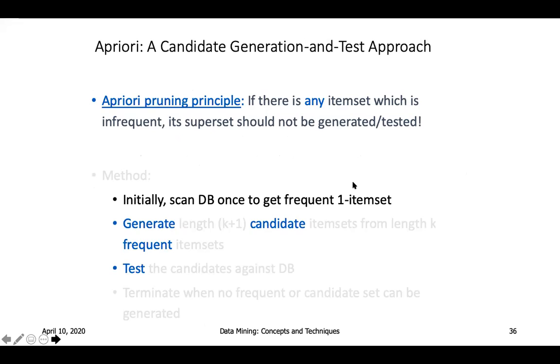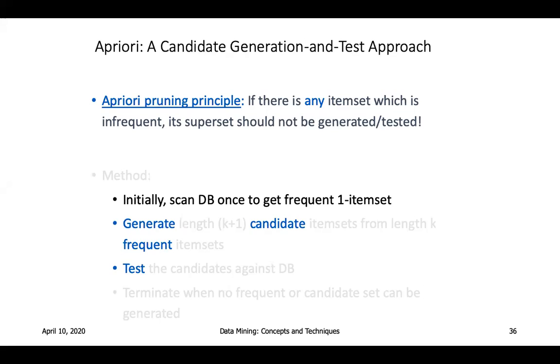It is a candidate generation and test approach. In the a priori pruning principle, if there is any atom set which is infrequent, its superset should not be generated or tested.